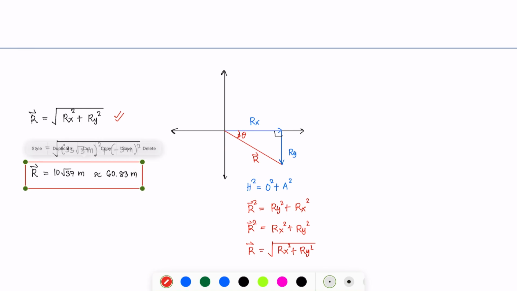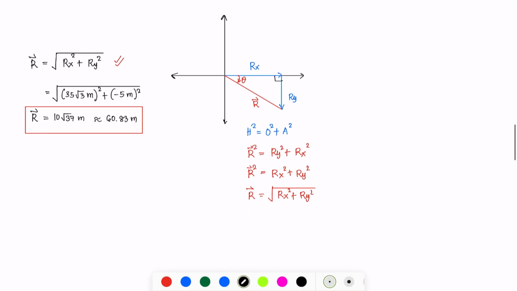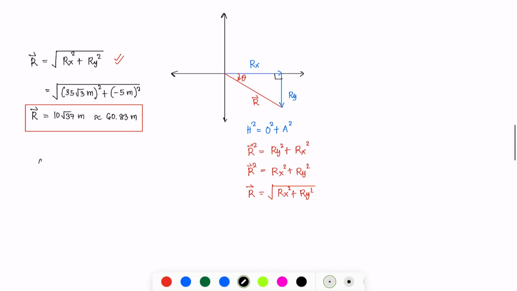Now, we are in a position to solve for the angle theta over here. If you can recall, you're going to use tangent. We know as a formula that the way to find theta, or the angle of the resultant vector, is simply tangent inverse of the absolute value of ry over rx. Now, I'm just going to briefly explain why that is the formula.